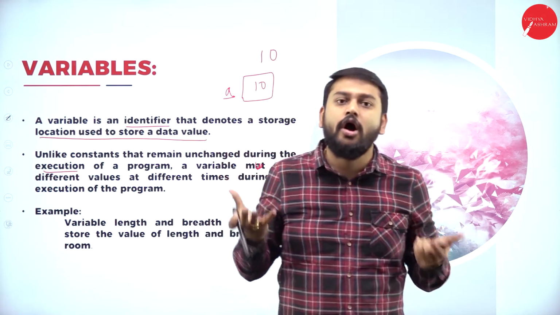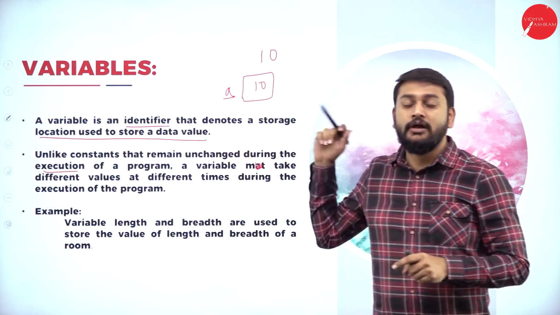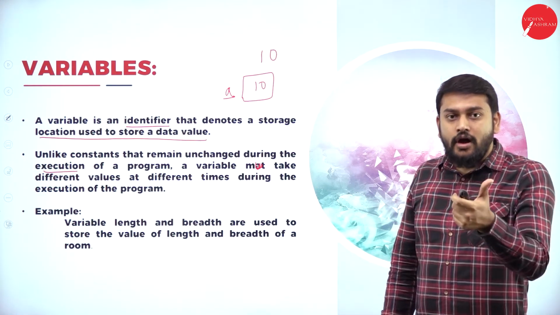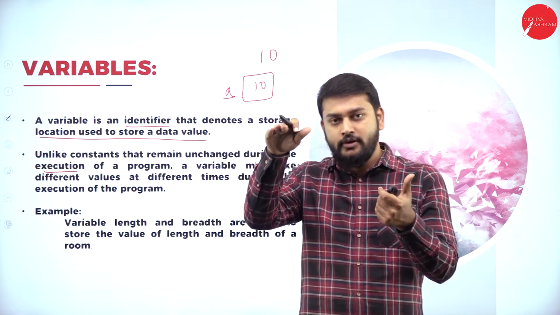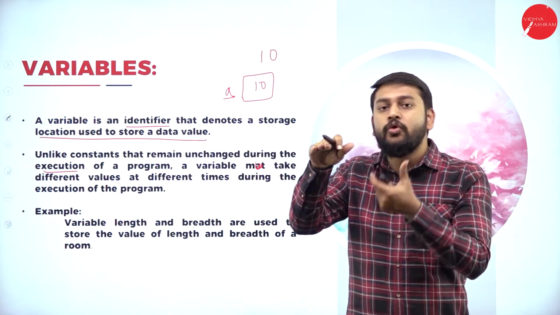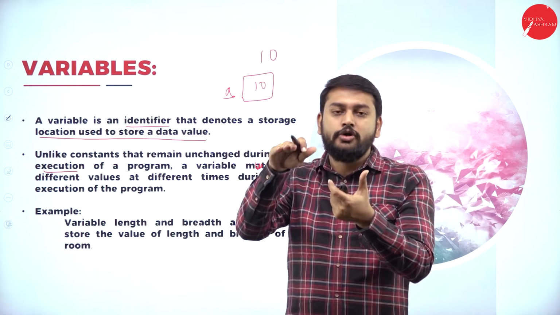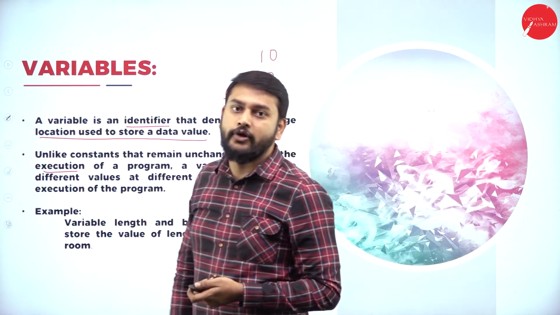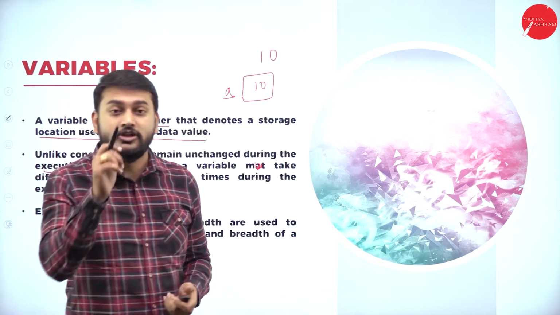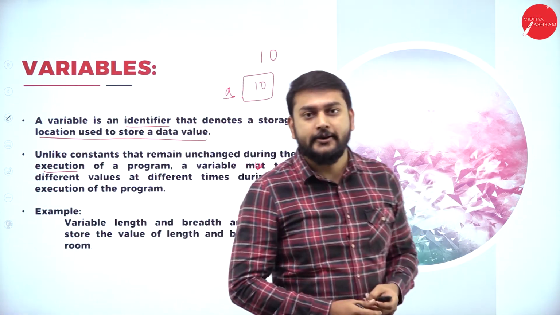These three things are the common thing that we need to remember in these two slides. Constant will be the same throughout the execution of the program. For a variable, the value will not be the same, or you cannot expect it to be the same, throughout the execution of the program.